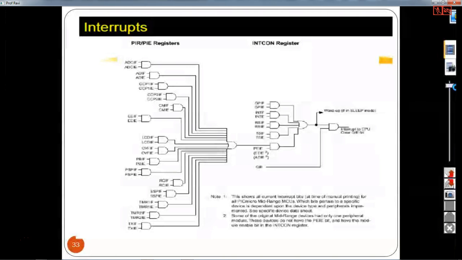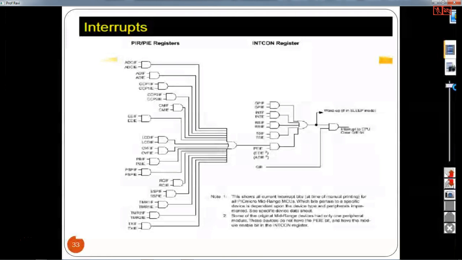So coming to the memory, RAM, you have bank 0, bank 1, bank 2, bank 3. Each is of 128 bytes.